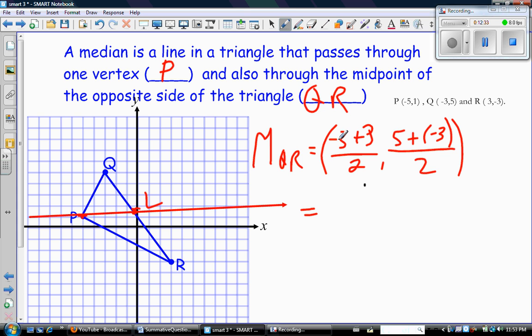And so that gives me 0 and 1. So L is at about 0, 1, pretty close.